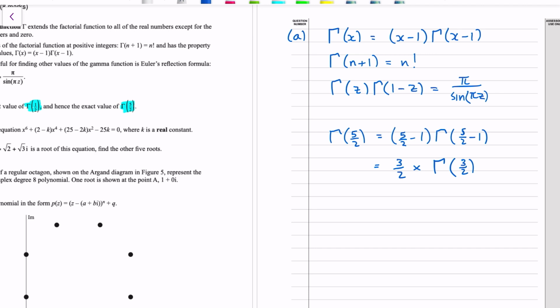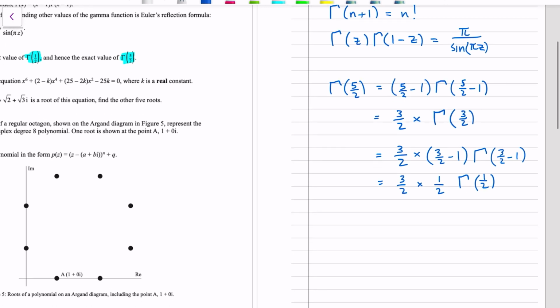We've got closer to 1/2. And then if I find the gamma value of 3/2 using the same first formula, 3/2 minus 1 times the gamma value of 3/2 minus 1, that's 3/2 times 1/2 times the gamma value of 1/2. And there we go, that's what we need to find to be able to find the gamma value of 5/2.